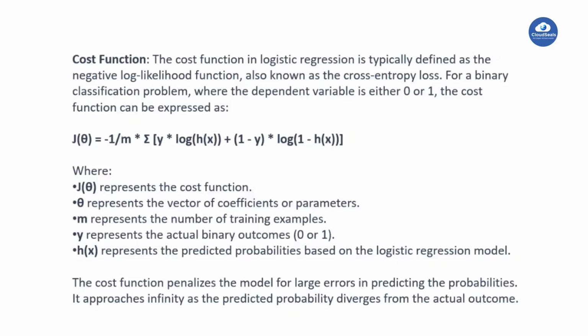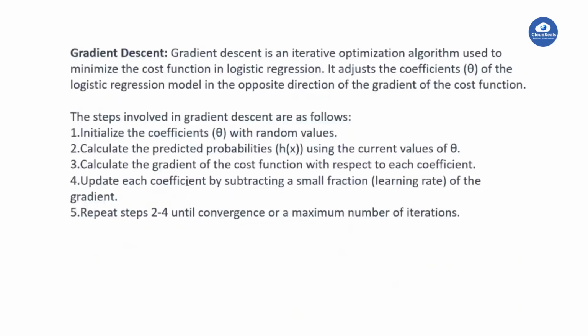After getting the cost function, we need to reduce it. To reduce the cost function, gradient descent will be useful. What does it do? It takes some coefficients randomly and calculates the cost function. Using the cost function, it adjusts the coefficients. By adjusting the coefficient values, it tries to reduce the cost function. It adjusts these coefficient values repeatedly until the cost function goes to the minima or to an acceptable value.